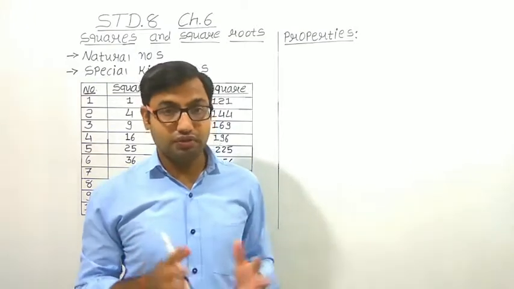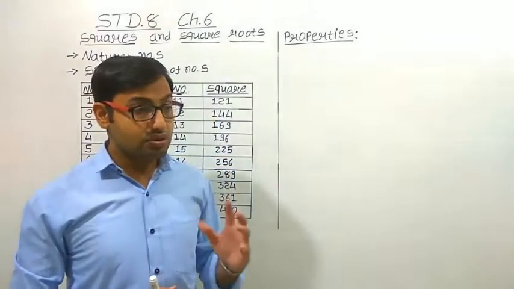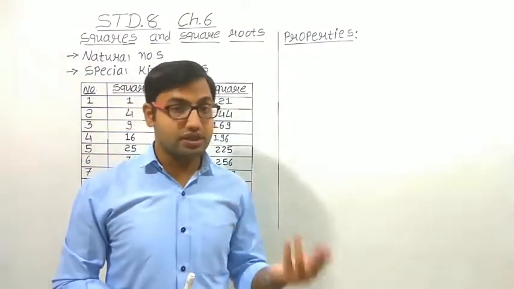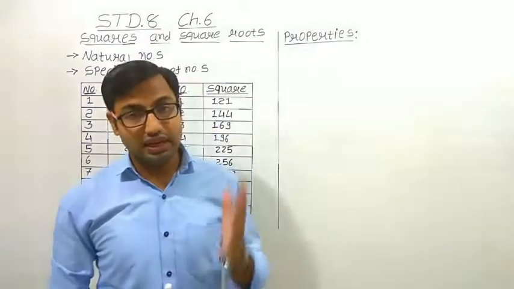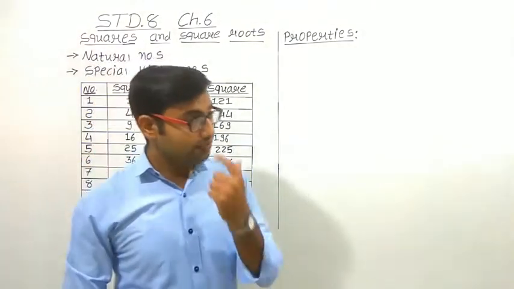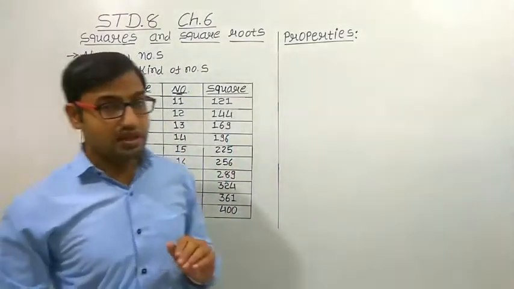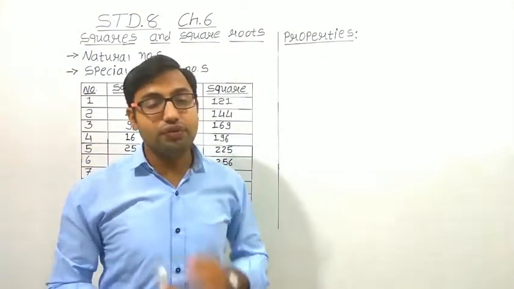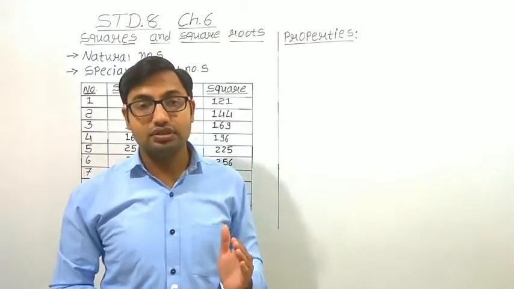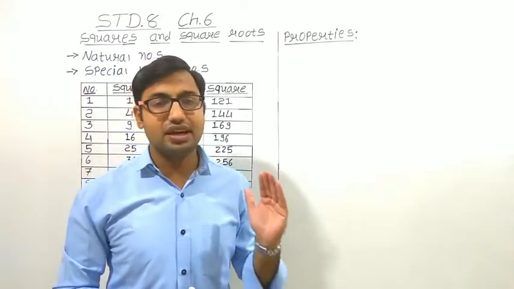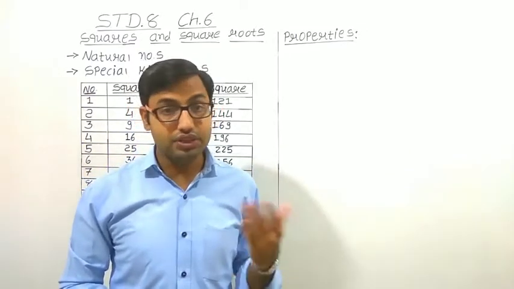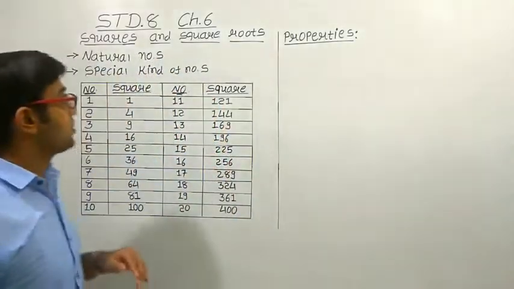That all numbers we know. And we have studied about some of the properties that are related to those numbers, right? So the squares are also a kind of numbers, which is, we can say, a special kind of property of which number? Of natural number.